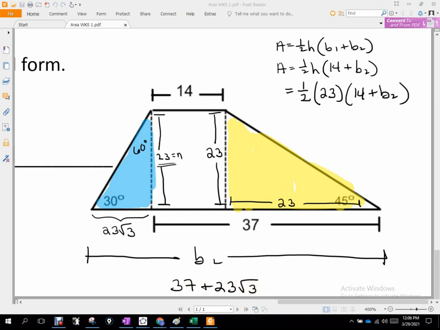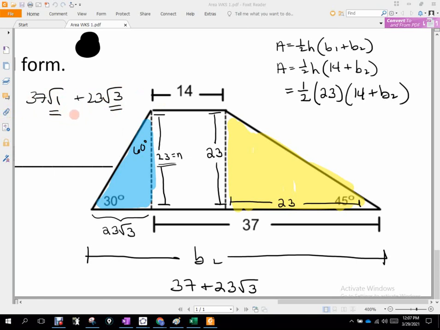Can I combine any of that stuff? No. The only way I can combine radicals is if the radicands are the same. So right now that 37 has a radical 1 on it. We don't usually write it, but you can. And then that 23 is a radicand of 3. So those two things have to be the same in order for us to merge the coefficients out front.